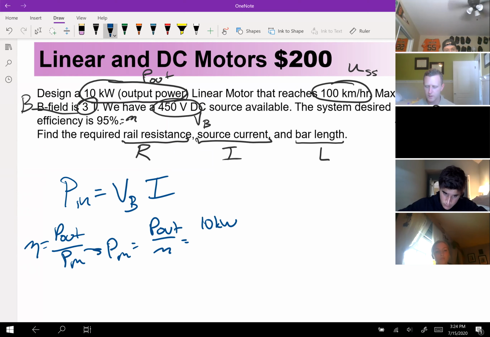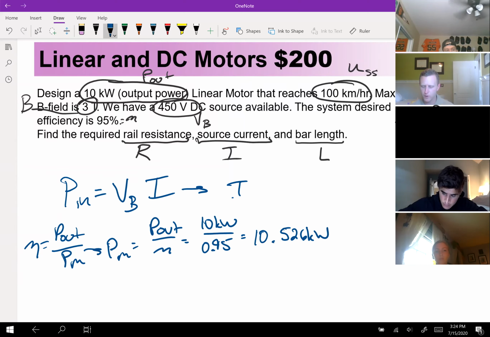P out is 10 kilowatts, efficiency 0.95, and I get 10.526 kilowatts. That makes sense. P in is greater than P out, which it must always be.